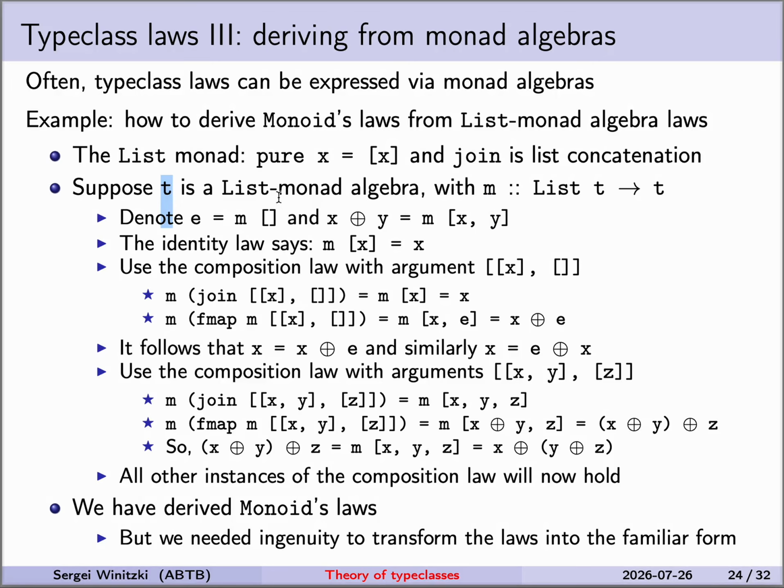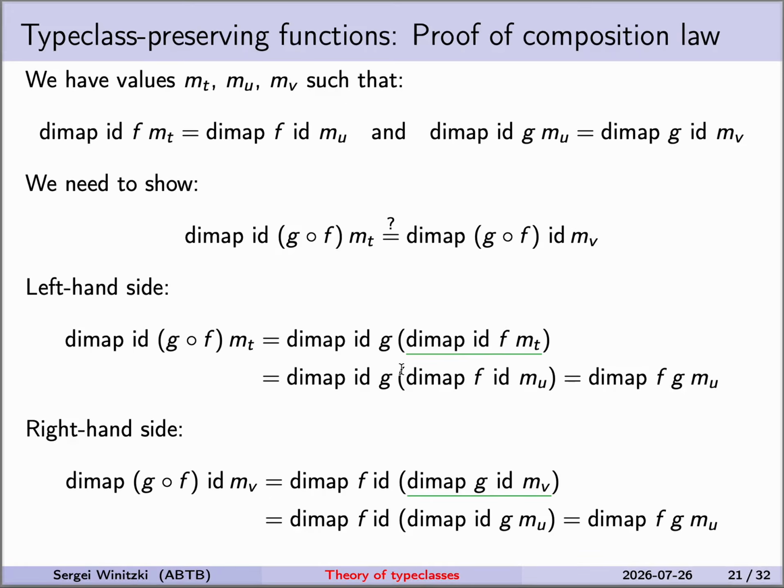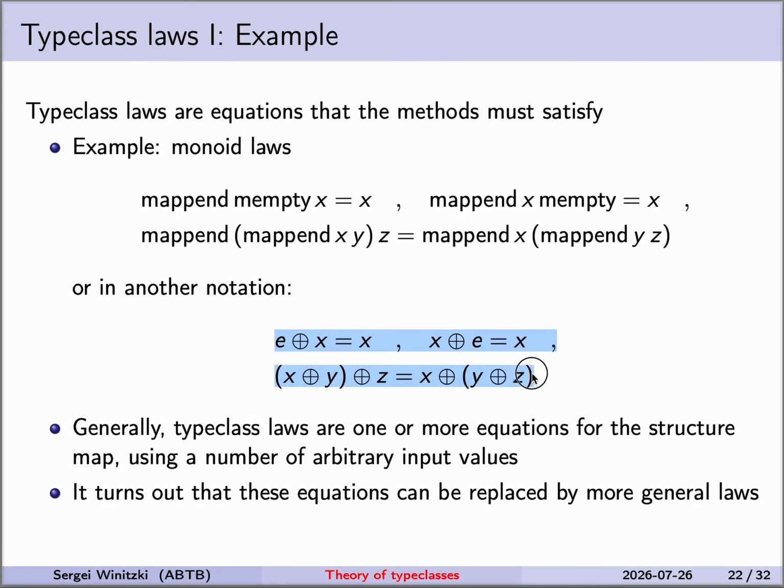and for this type T. So then it turns out that we can derive from these assumptions the monoid operations and their laws, the two identity laws of the monoid and the composition law of the monoid, which is not obvious, right? Because there are very different kinds of laws. Here we have two laws which have this very different form, and for the monoid we had three laws which had this specific form.